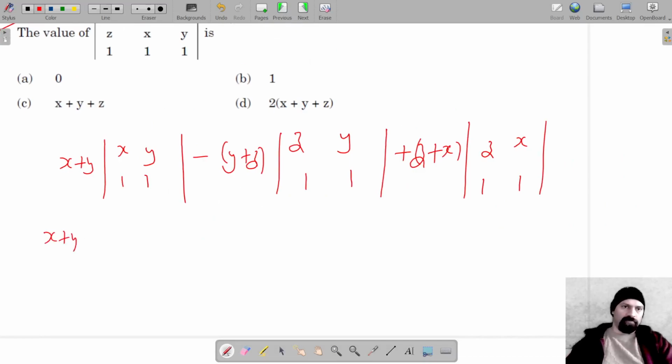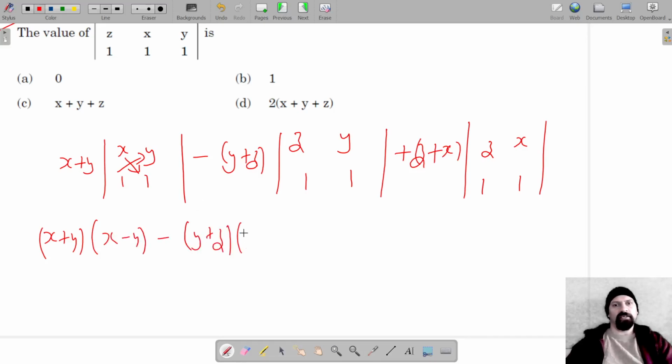Now this is (x plus y) into, multiply this and subtract this product. So (x minus y), then negative (y plus z) into (z minus y), and then plus (z plus x) into (z minus x).